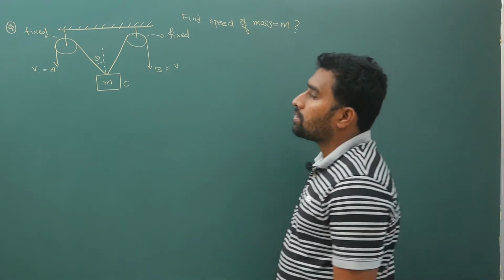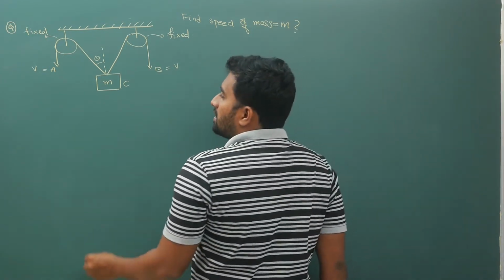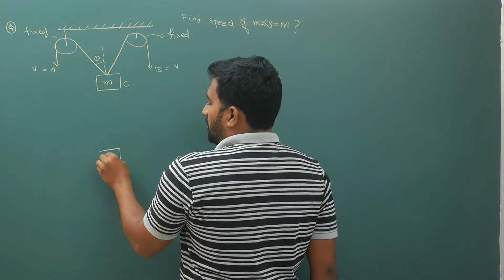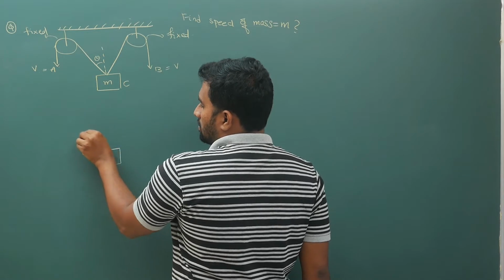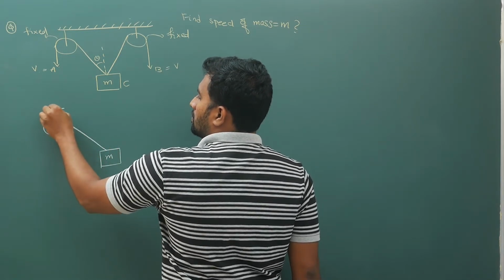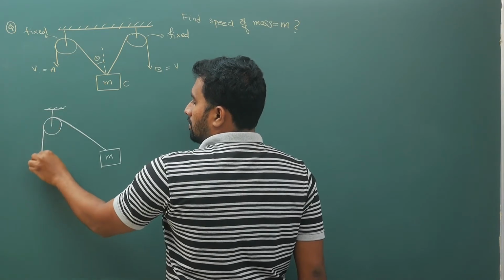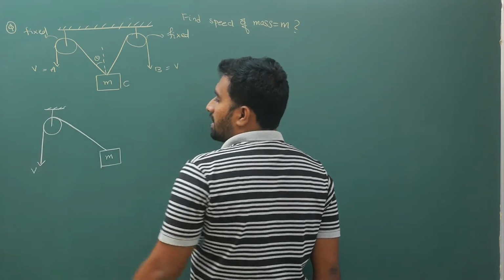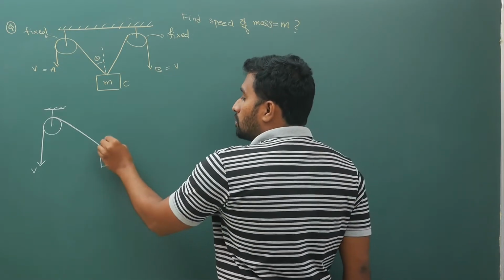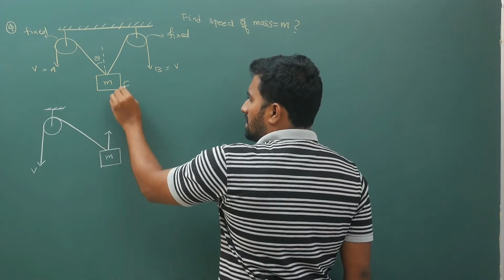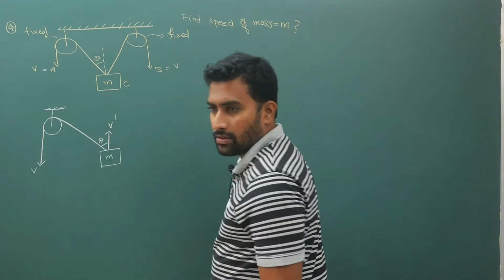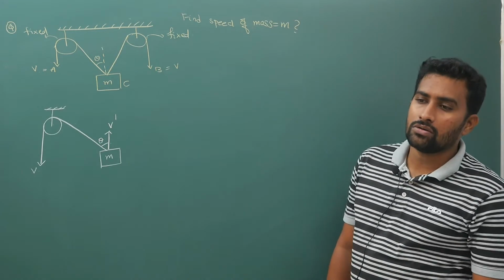Alright, so now what is the answer to this, I will tell you. If you take this string, this part is V. Now if C moves upwards with some V dash velocity, what did I tell you?